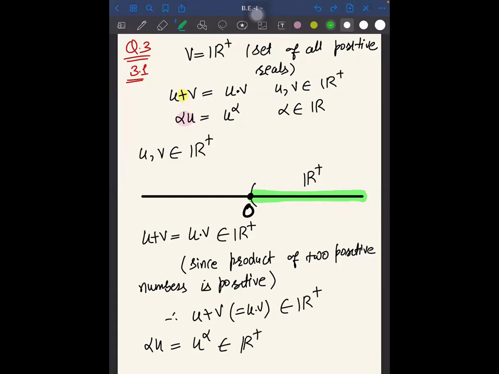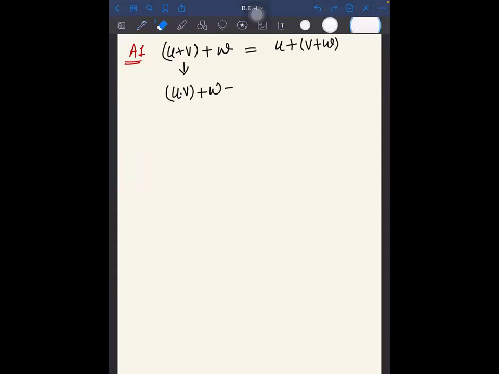Are you with me? Okay. So now let's see the properties which we want to prove. Let's come up with the first property, that is A1. If you take (u plus v) plus w, that should be equal to u plus (v plus w). Let's take the left hand side so that there is no confusion.